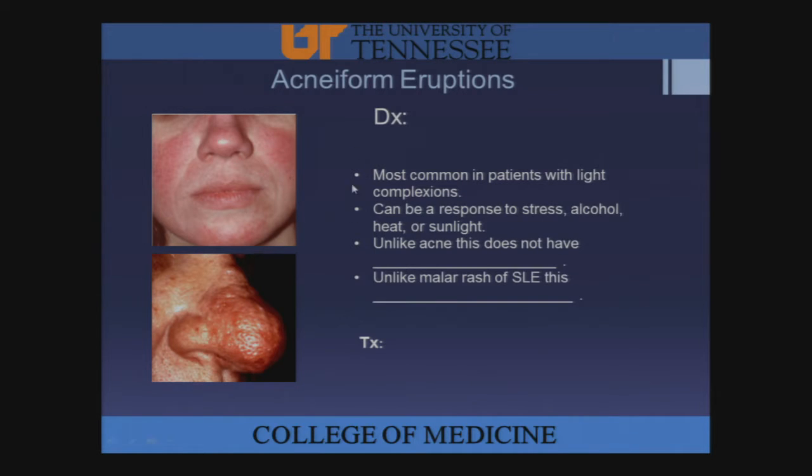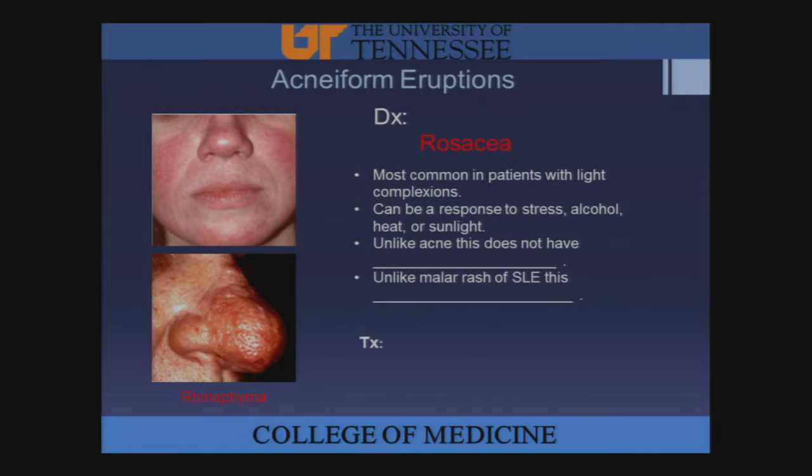You can get it. So this is rosacea. What is this? Somebody can tell me the name. Close. So this is a rhinophyma. I don't know how to pronounce it.